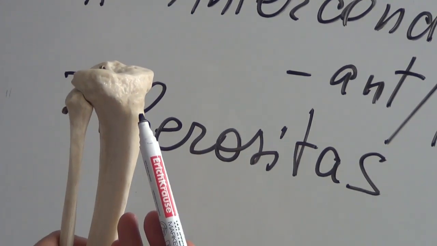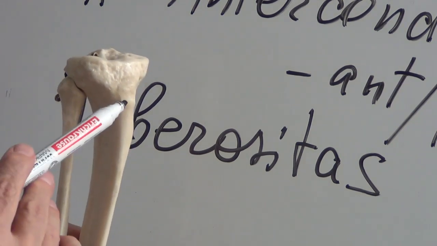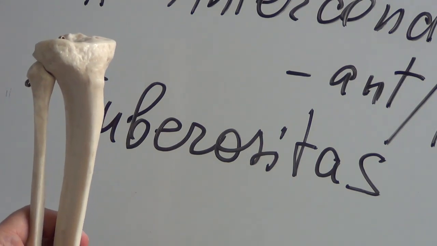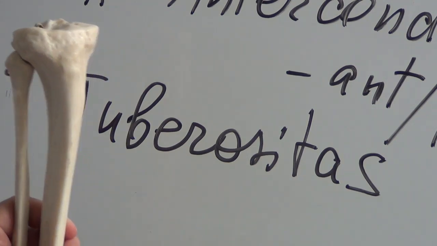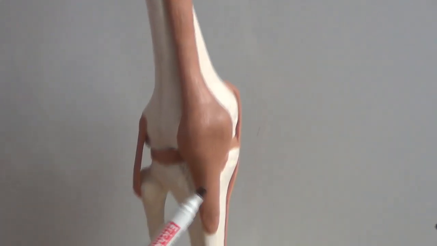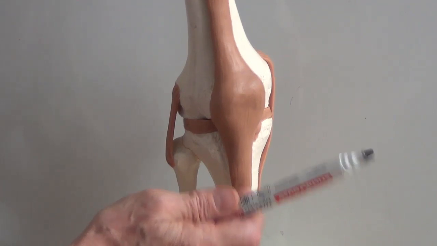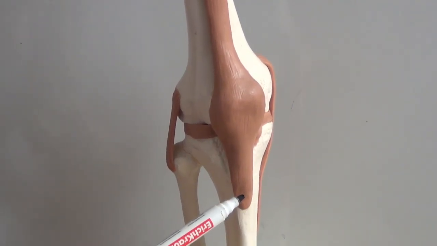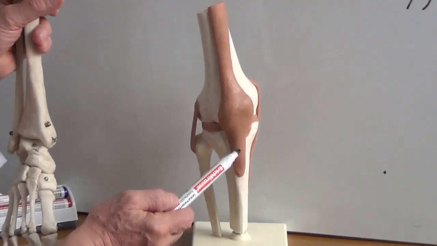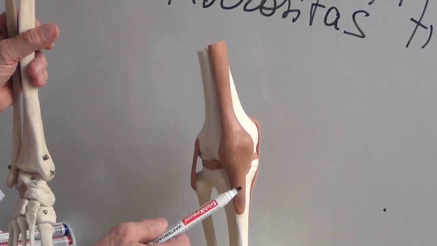It is very strong because one of the very strong tendons connects here. Okay, so I'd like to demonstrate this place to you. Here it is. So tuberositas tibiae is the place for insertion of this tendon, tendo musculi quadricipitis femoris.